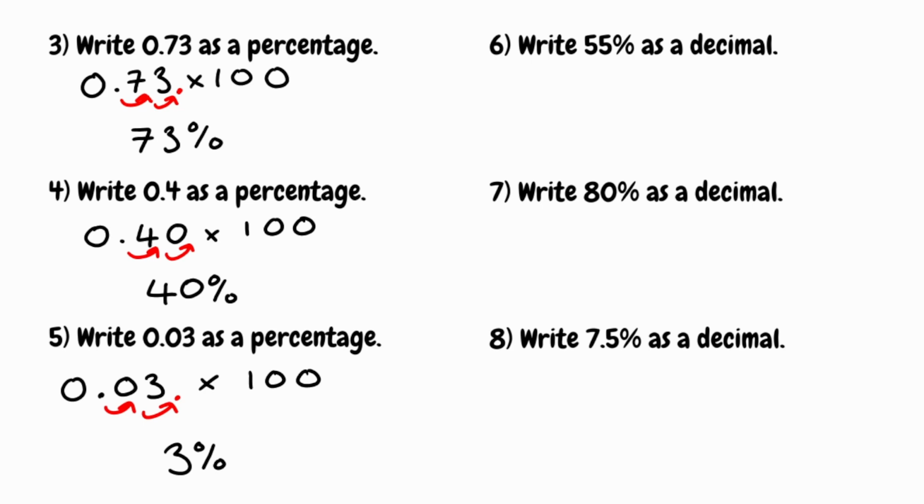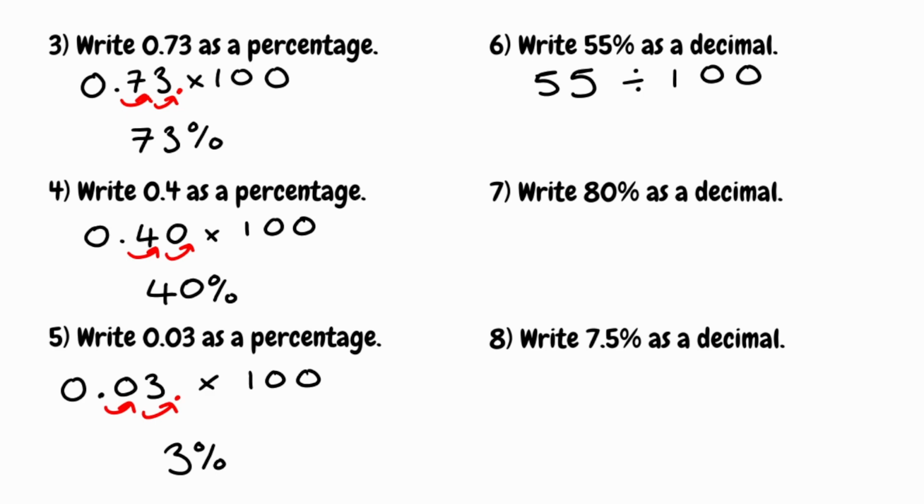Okay, moving on, we now want to turn 55% into a decimal. So we're starting with our 55, and to get from a percentage to a decimal, following our rule that we learnt earlier, we know we have to divide by 100. So because we're dividing by 100, we know this number is going to get smaller, so we're going to be moving the digits 2 times to the right of the decimal point.